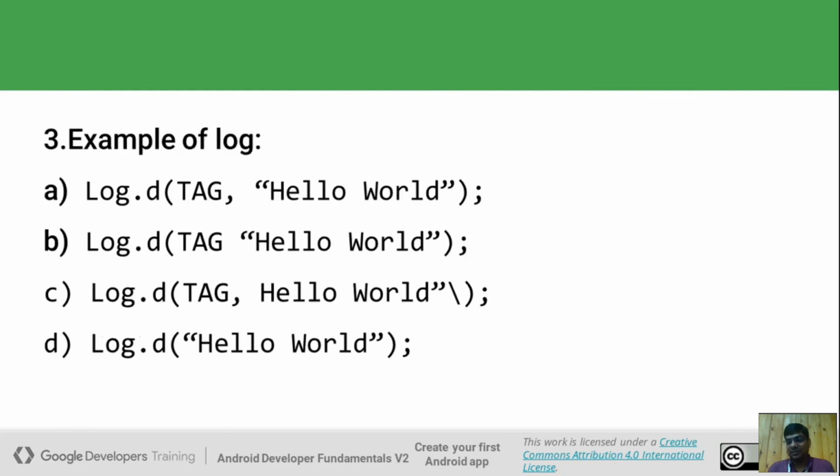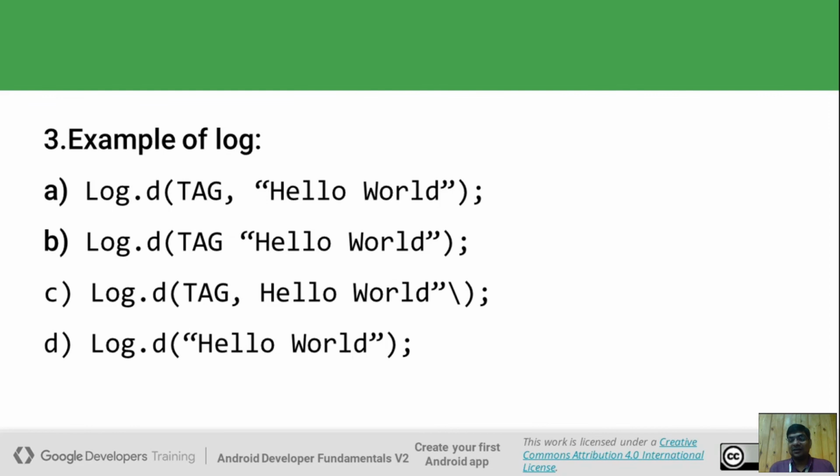Next is the example of log. The right syntax to create a log: first, Log.d(tag, "hello world"). Second is Log.d tag hello world. Third, Log.d tag hello world. And next is Log.d hello world.